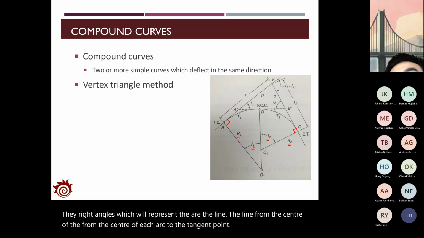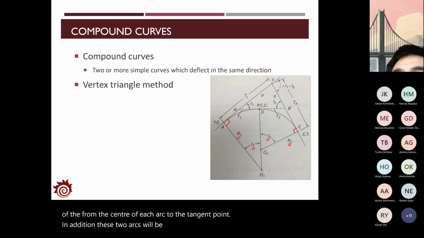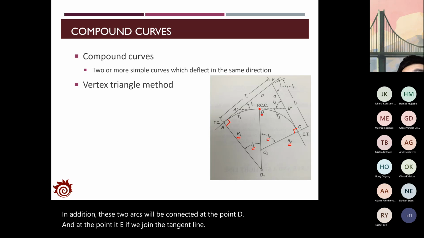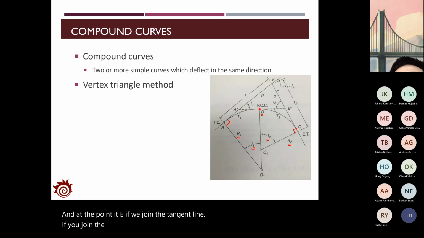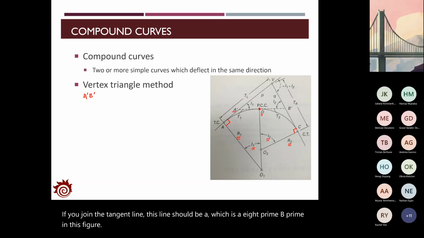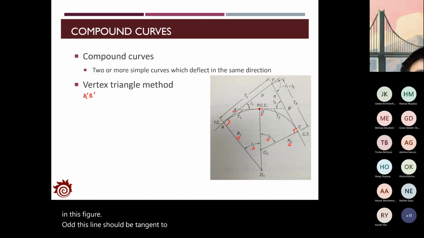In addition, these two arcs will be connected at the point D, and at the point D, if we draw the tangent line, which is A prime B prime in this figure, this line should be tangent to both arcs, so tangent to arc AD and also arc CD.